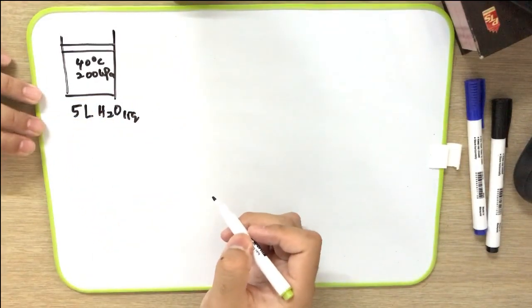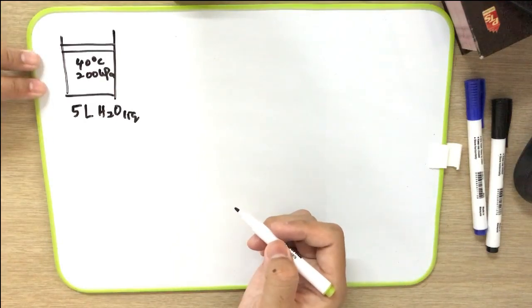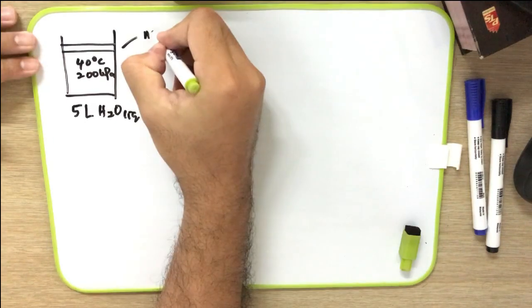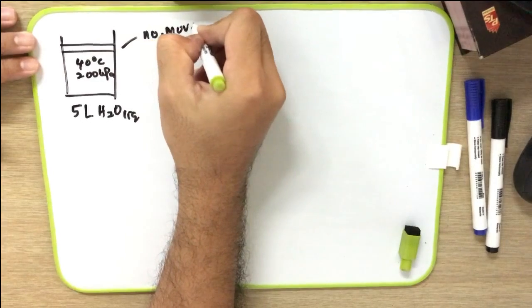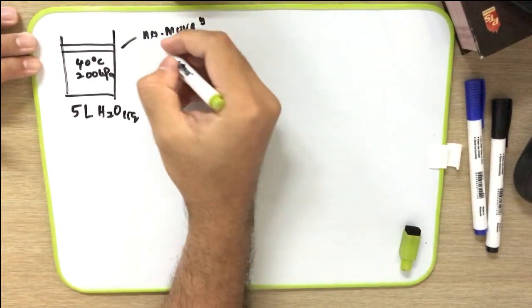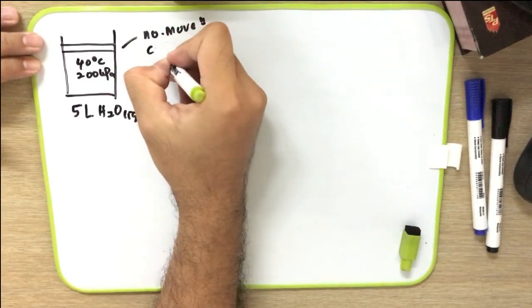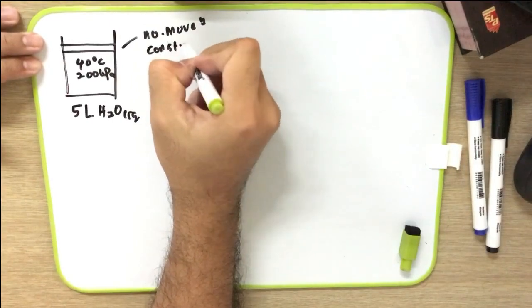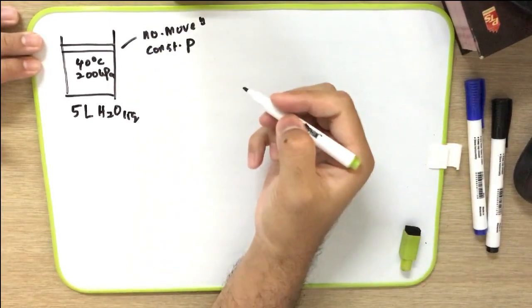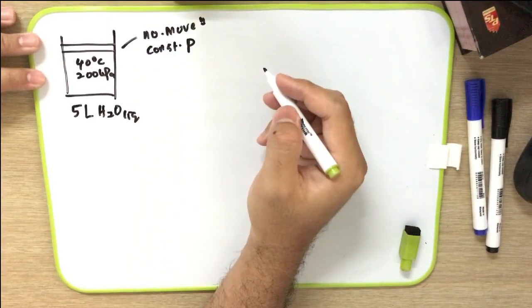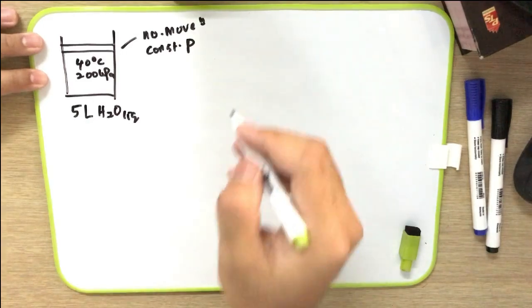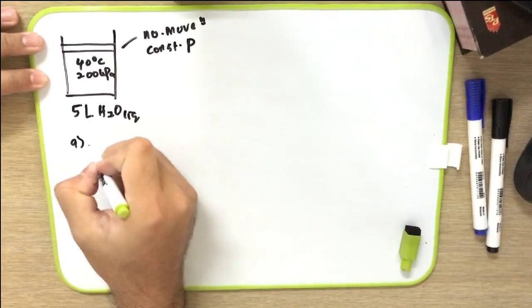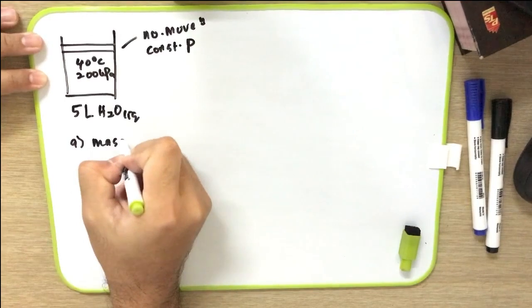If you look at the question, it is mentioned that there is no movement because the pressure is constant. So first we need to find the mass.